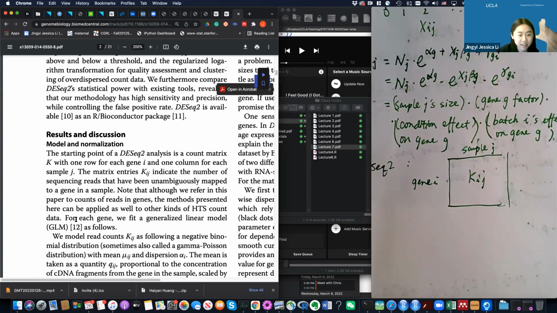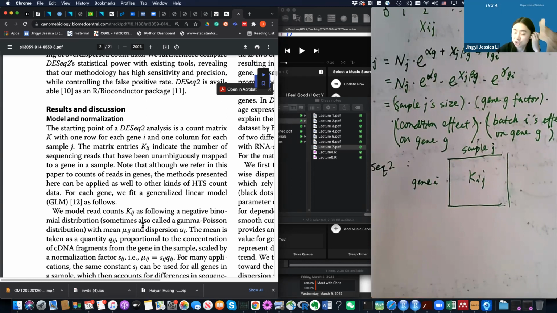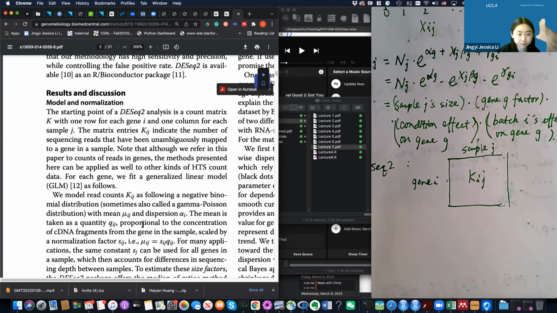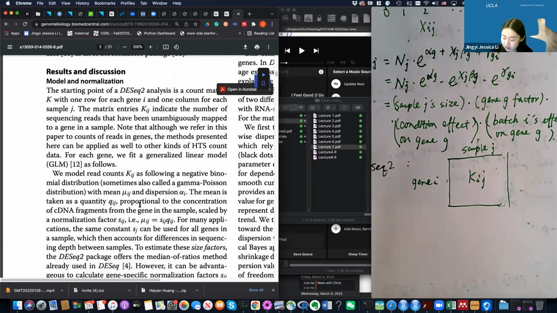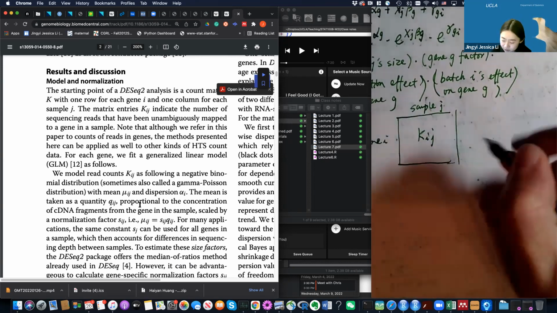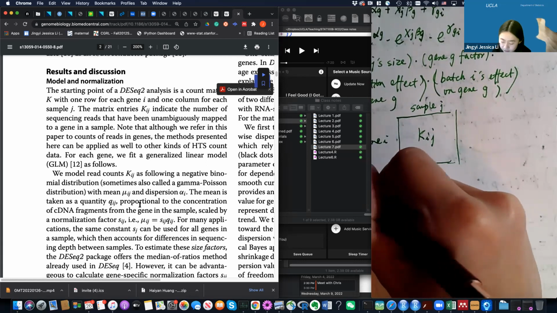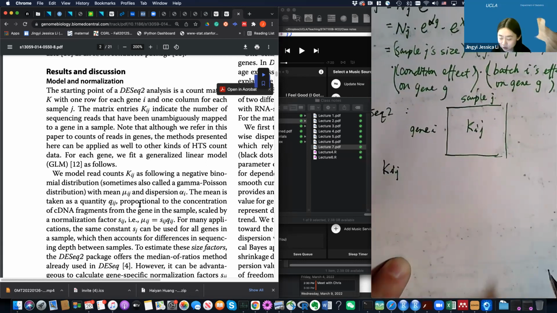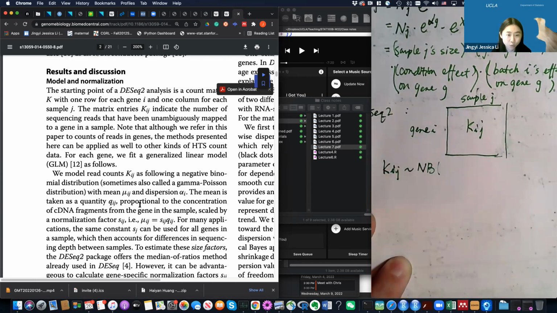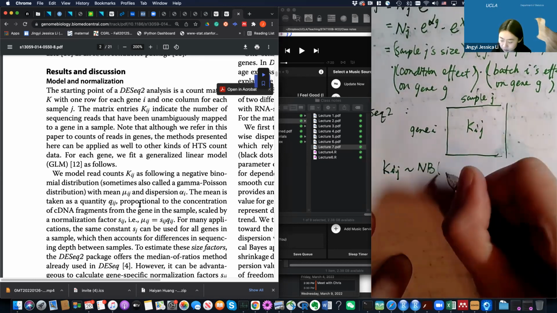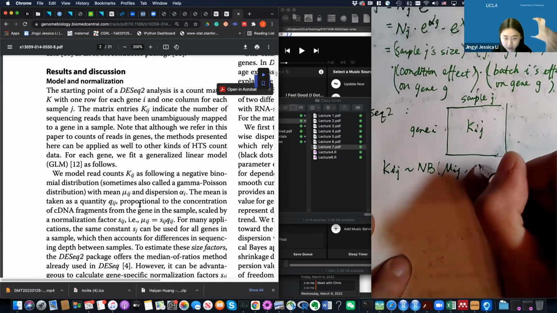Okay, and they try to fit a generalized linear model, short as GLM, as follows. So basically, I'm trying to write down what the text reads here. So we assume Kij, the count, follows a negative binomial distribution with mean mu ij and dispersion they denote by alpha i.